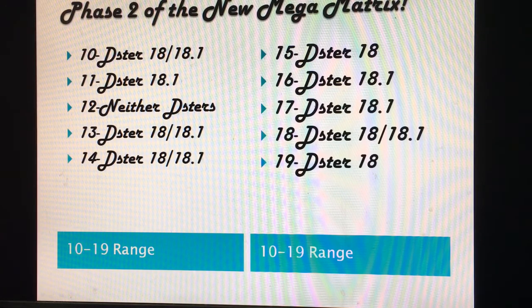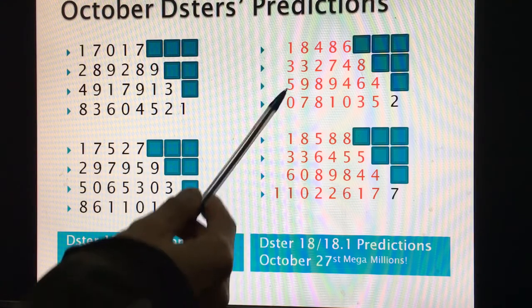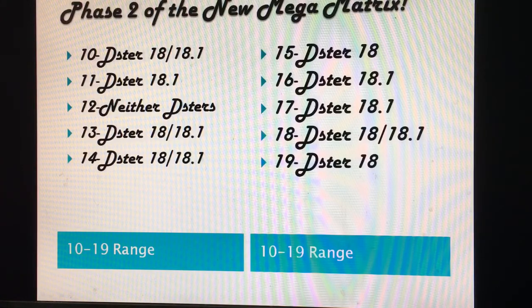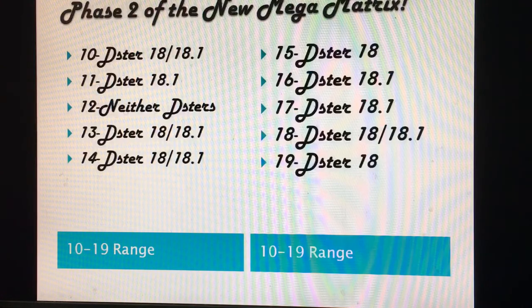Number 10, by looking at both D-Stars, appears on the bottom fourth line. 11 appears only on D-Star 18.1 on the bottom fourth line.